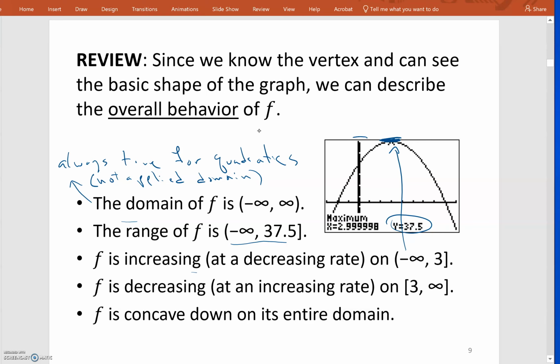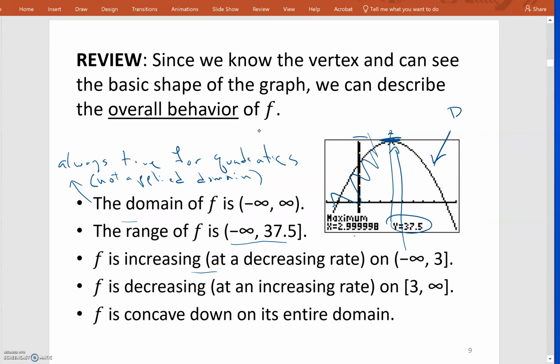It's increasing at a decreasing rate from -infinity up to 3. This is 3 here. So basically from here over, it's increasing at a decreasing rate. And then when we hit the turning point, we are now decreasing at an increasing rate from 3 to infinity.